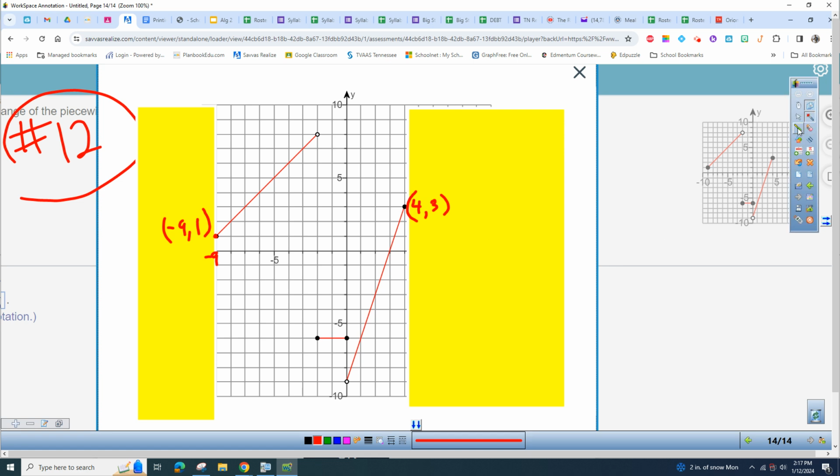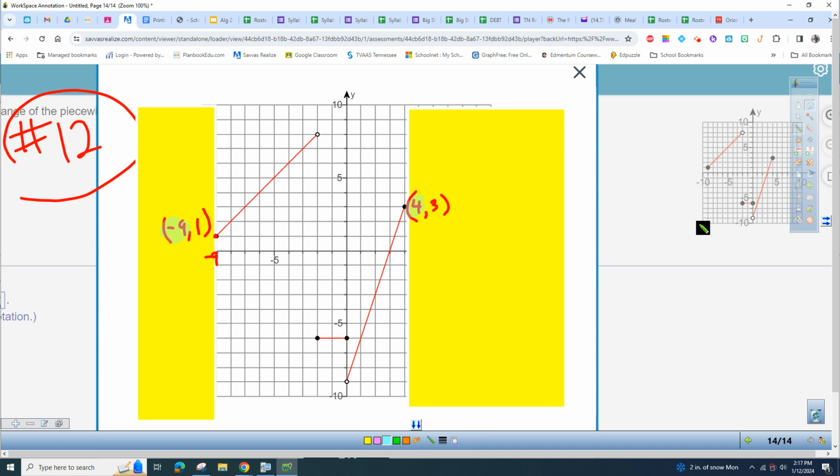And for the domain purposes, we're looking for these two numbers right here. So, and it said interval notation, I'm pretty certain. Okay, so I'm going to jot this down on a piece of paper so when I get to it later, we can type it in and I won't forget what I said. -9, comma 4.